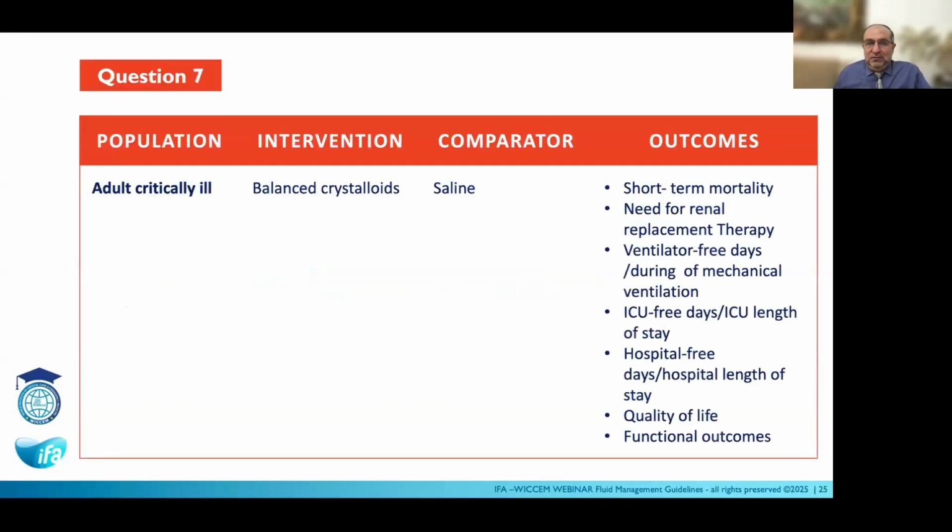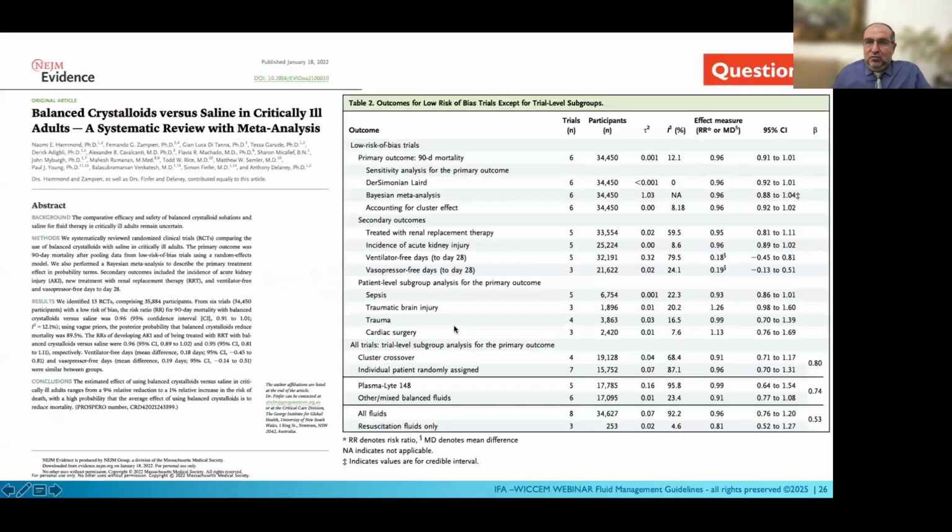So should we use them in general ICU patients? We have a reasonably good amount of evidence now. This is a systematic review from NEJM Evidence. Large number of studies, large number of patients, total of 35,000.